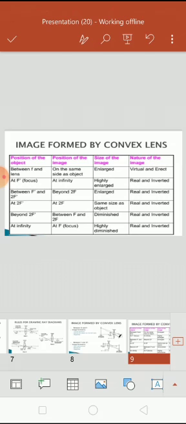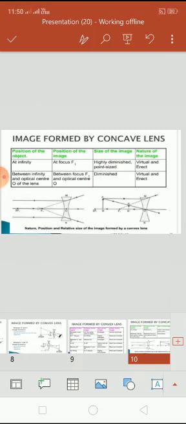Object beyond 2F: position of the image between F and 2F, size diminished, nature real and inverted. Object at infinity: position of the image at F, size highly diminished, nature real and inverted.